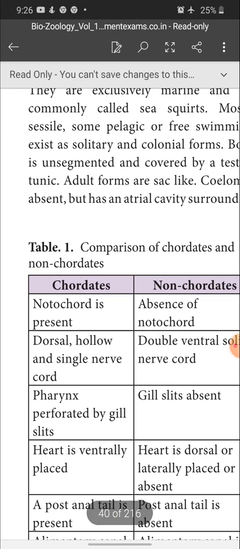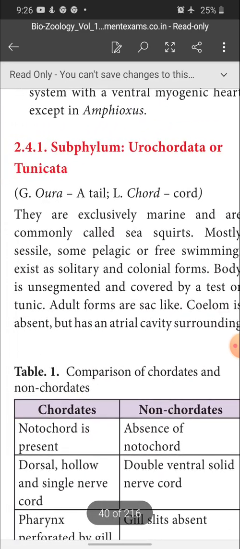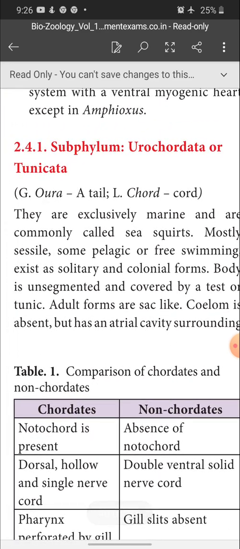Okay, let's enter into the subphylum Urochordata. Phylum Chordata is subdivided into three subphyla: Urochordata, Cephalochordata and Vertebrata. Urochordata and Cephalochordata together are called Prochordata.